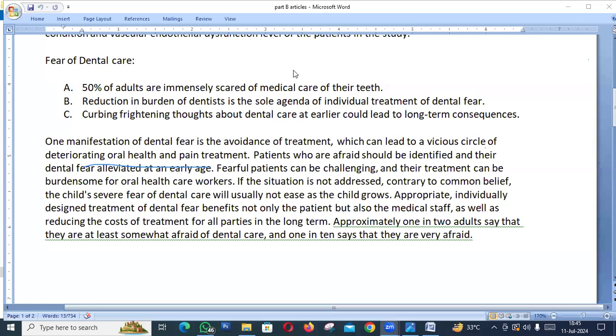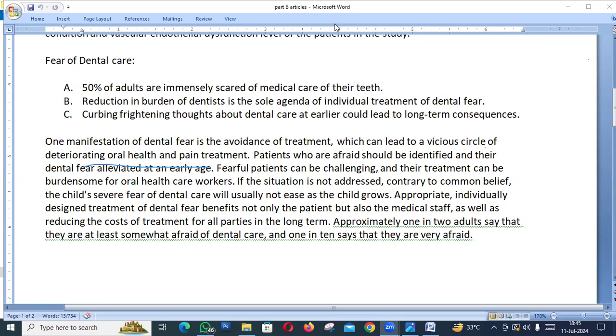So now my question is, those whose answer is C, can you explain to me why A is wrong?